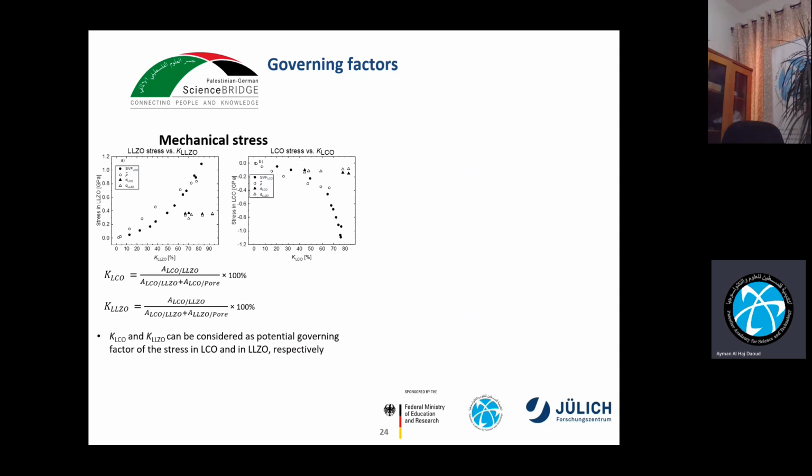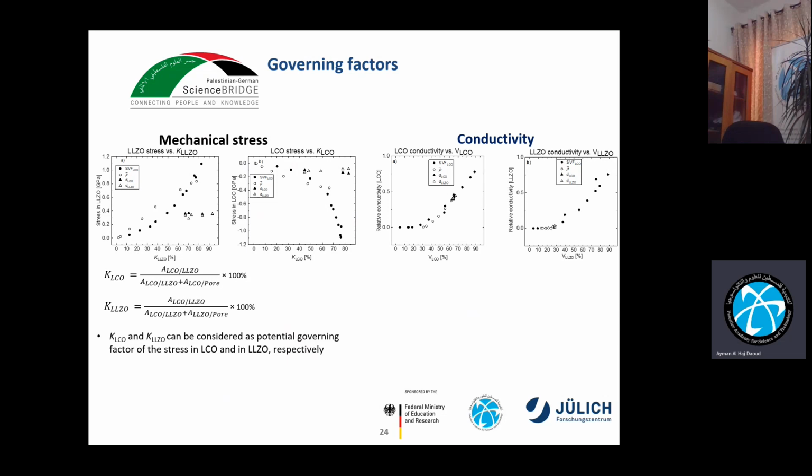So what we can say here is that we need some modification to this factor, because there is no pattern for the variation of the grain size. So KLCO and KLLZO could be considered as potential governing factors of the stress in LCO and LLZO respectively.